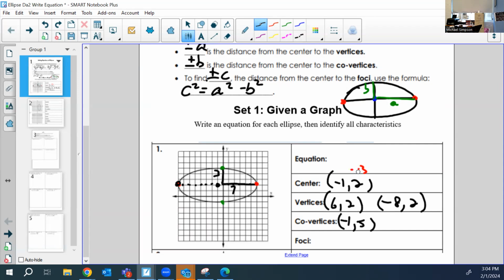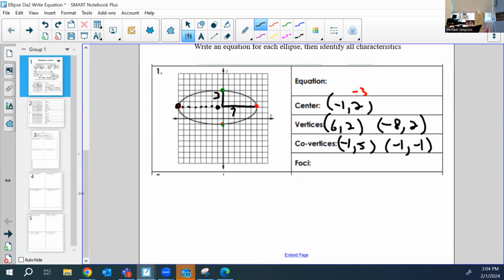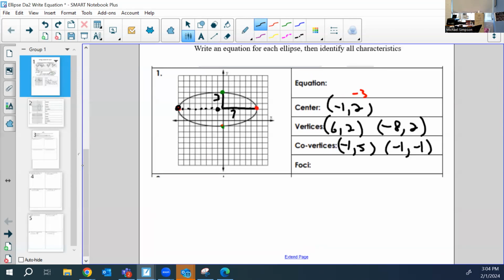And then minus 3 for the other co-vertex, I'm going to get -1, -1. Good.